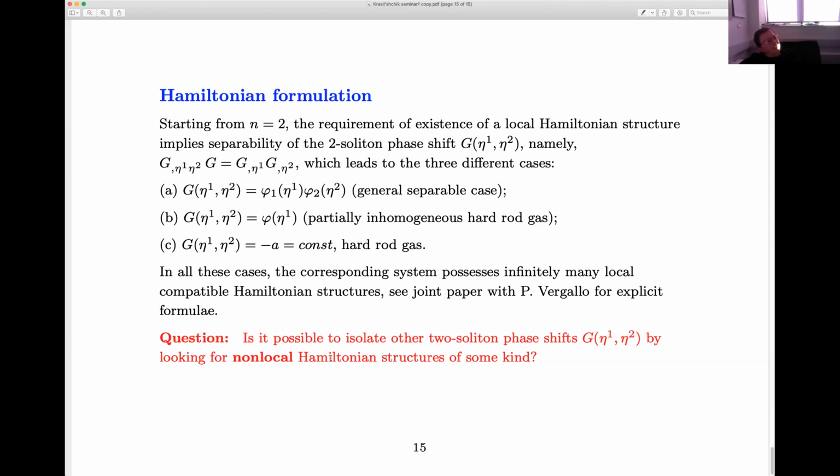So this is an open question, but I'm optimistic about this. I think that by imposing certain conditions on this Hamiltonian structure, non-locality of a special type, you can catch these interesting two-phase interaction kernels, two-phase shifts. All right, so thank you very much.